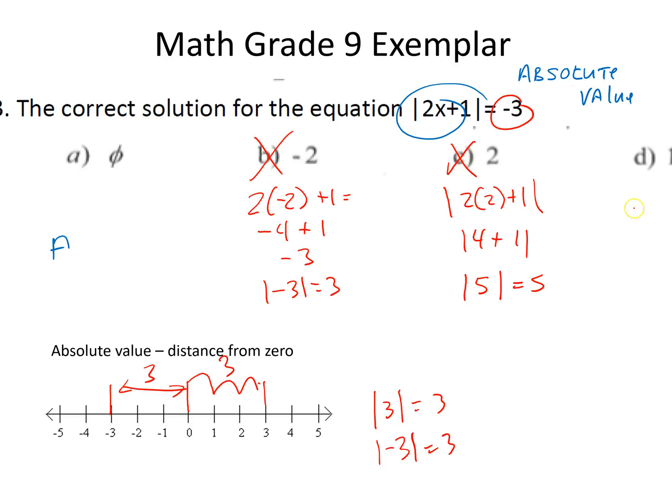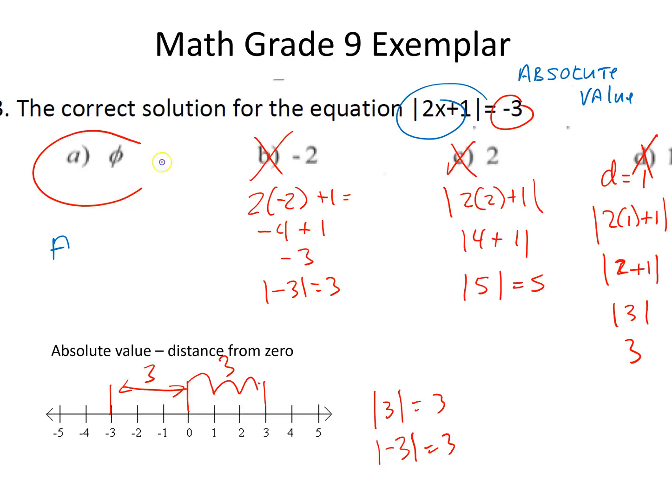So that's not the answer. And here D is equal to 1. If I put 2 times 1 plus 1, which is the absolute value of 2 plus 1, which is the absolute value of 3, which is 3. It's not D. So my only answer is no solution. Okay? The absolute value cannot be negative.